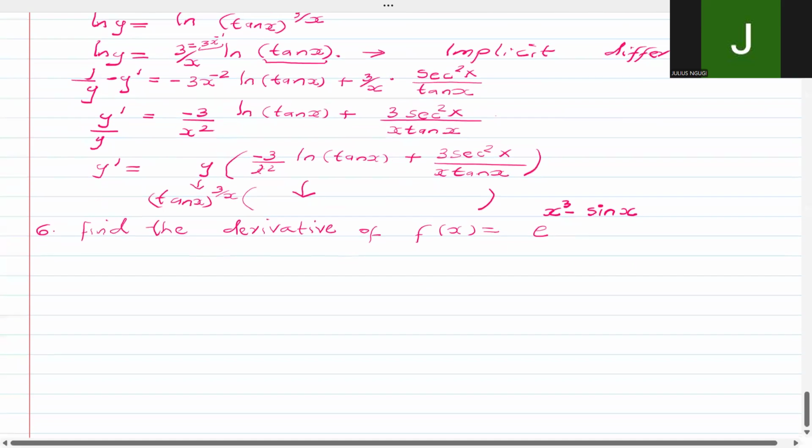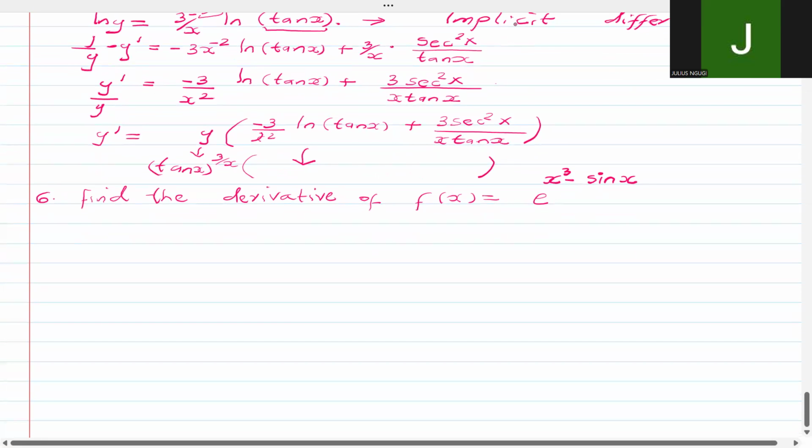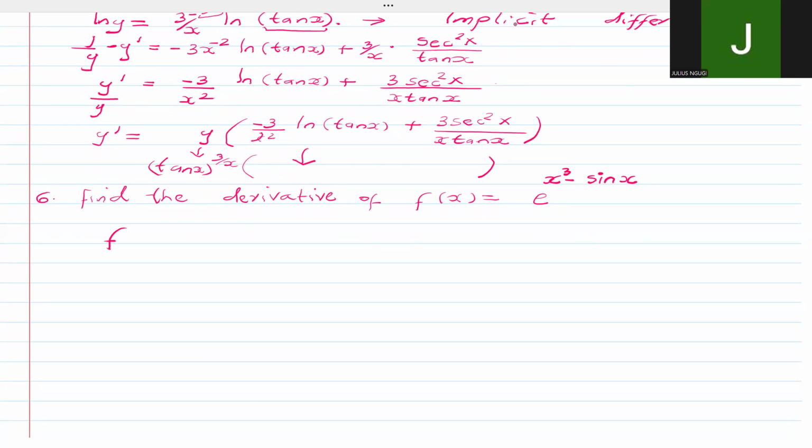Finally, find the derivative of f of x equals exponential raised to the power of x cubed minus sine x. So this one is like a bonus. It's easier because f prime of x equals just like the way the function was before, e to the x cubed minus sine x.